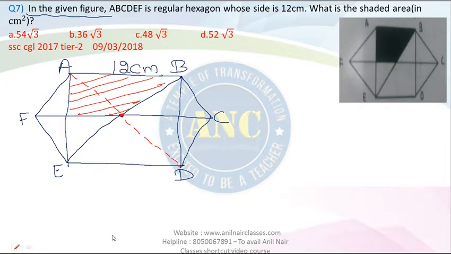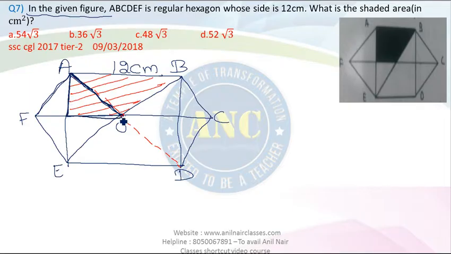Can I say that the shaded portion area is this particular triangle area, this particular equilateral triangle area, to be very specific, and this is not the complete equilateral triangle, this is only half of the equilateral triangle. Complete equilateral triangle is AFO, but this is half of that.